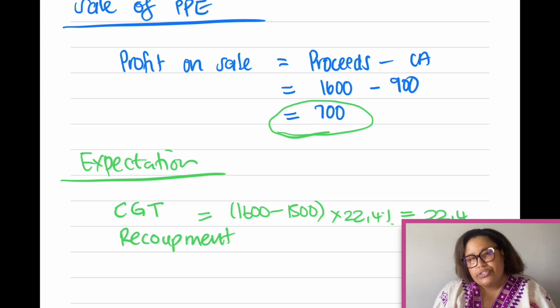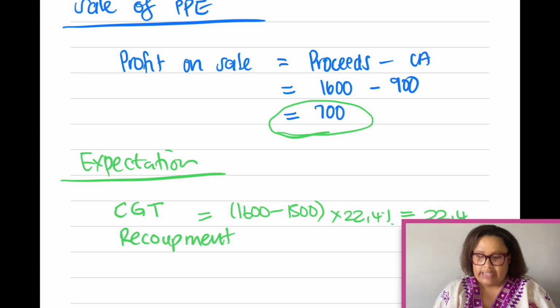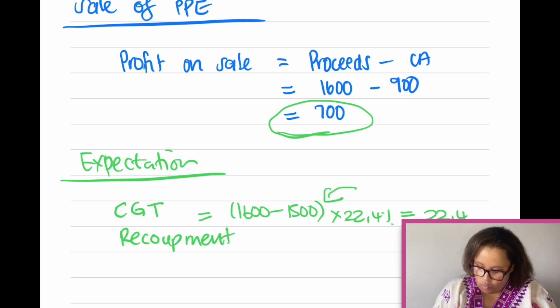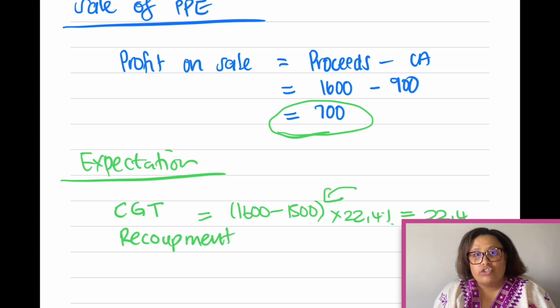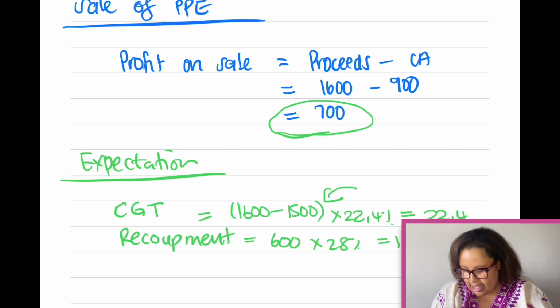And then with regards to the recoupment, what is our expectation? Well, we've recognized a profit of 700. 100 of that profit is subject to CGT. So our expectation is that the remaining 600 of that profit is going to be subjected to normal tax, because it would be a recoupment, of course, and that's going to be 168.